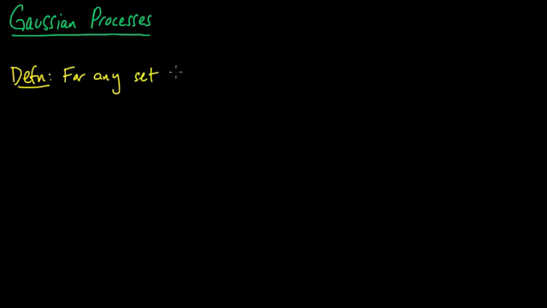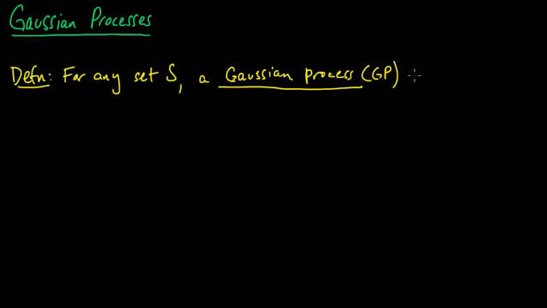So for any set S, a Gaussian process, or GP, a Gaussian process on S is a collection of random variables, which I'll denote in this way.